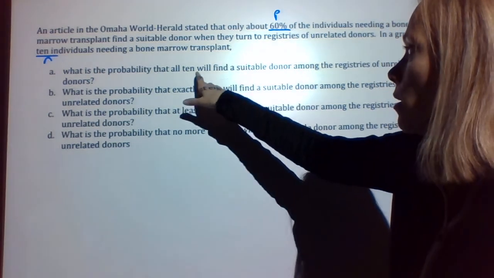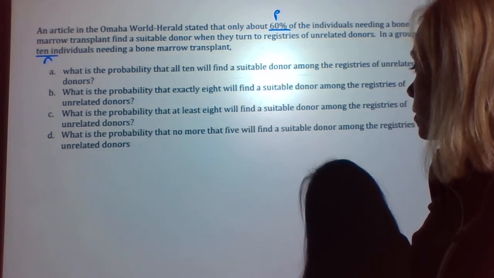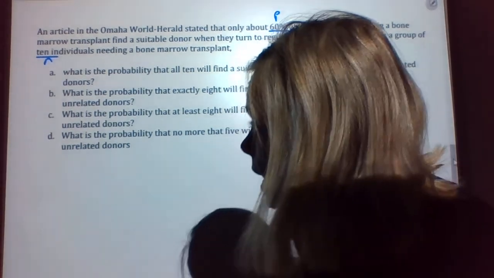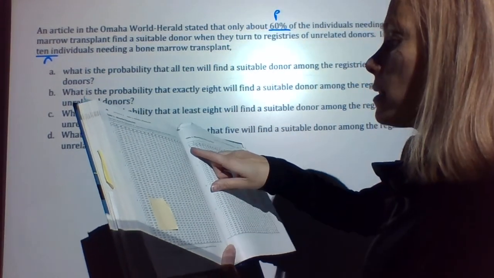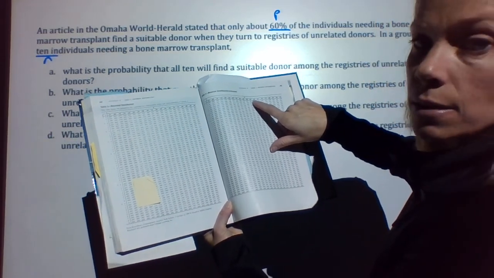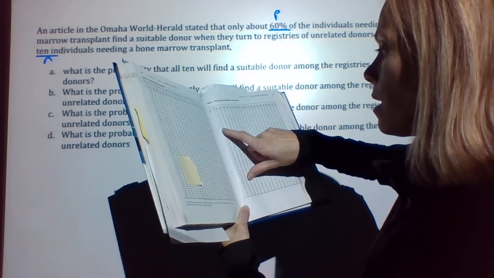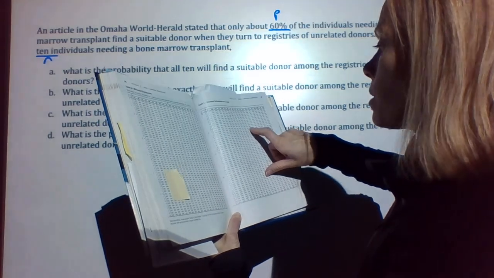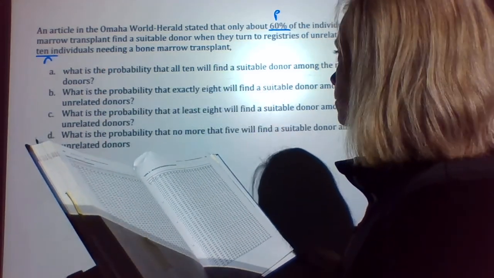What is the probability that all 10 will find a suitable donor? So 10 of the 10. So again, my N is 10, but now I'm at 60%. So right here, 60%. And I want 10 of the 10 would be 0.006.